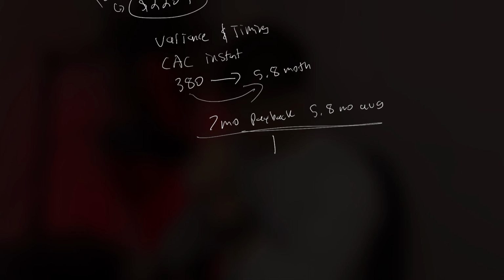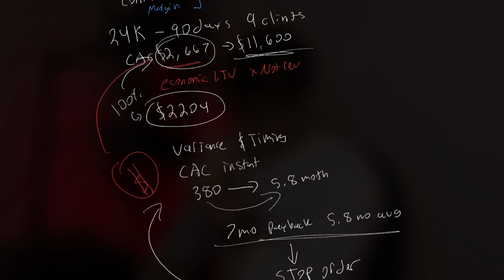So what did we do? We had to initiate a stop order for their ads. It was mathematically necessary. Otherwise, the firm would have to essentially outsource capital and take out loans to fuel the cost of acquisition, the ads, just to acquire an economic LTV of $2,204, effectively operating in the red $400.